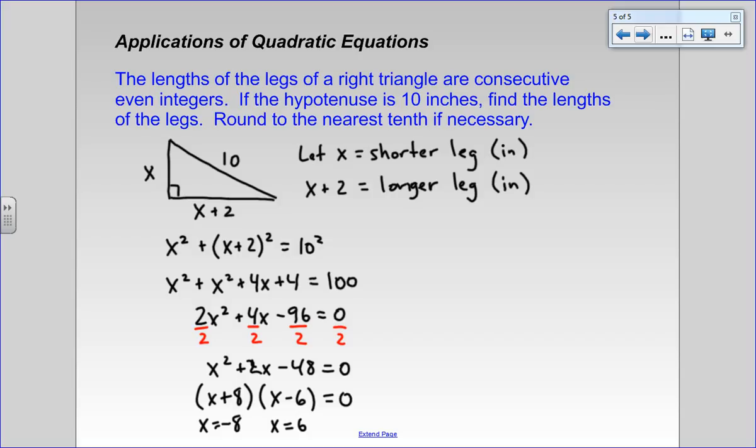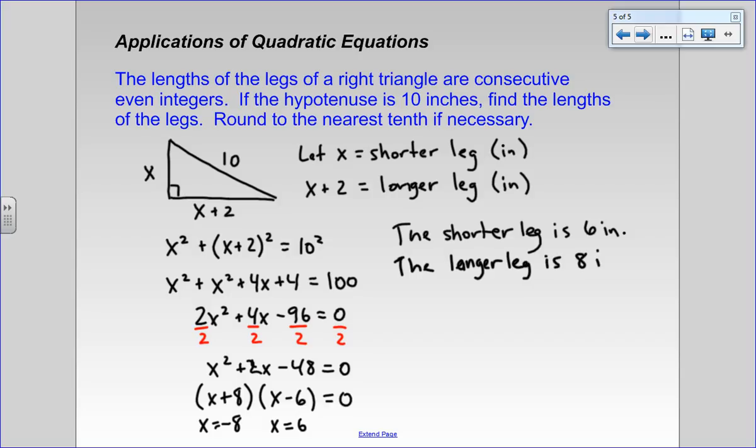So we can say that the shorter leg is 6 inches. And then since the longer leg is 6 plus 2, the next consecutive even integer, we can state that the longer leg of this triangle is 8 inches.